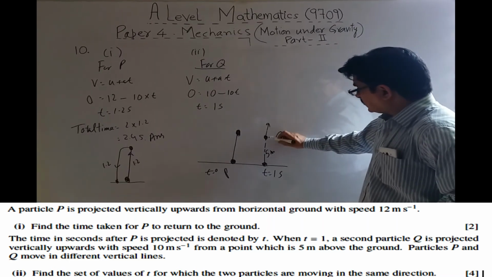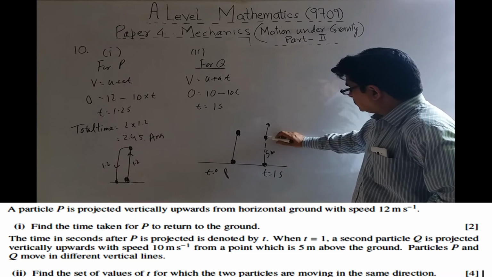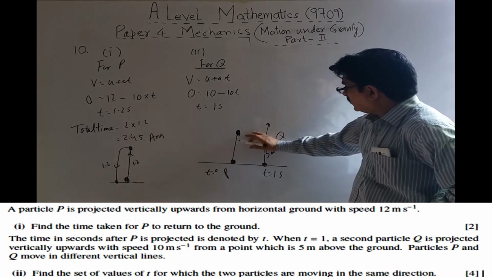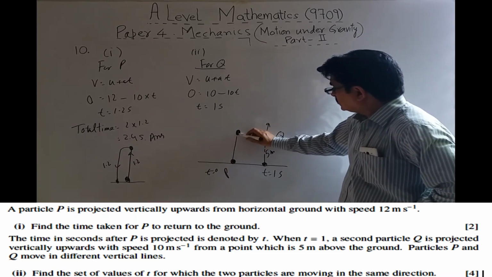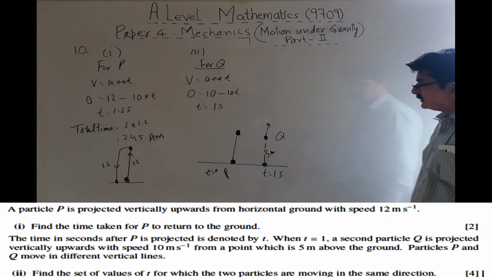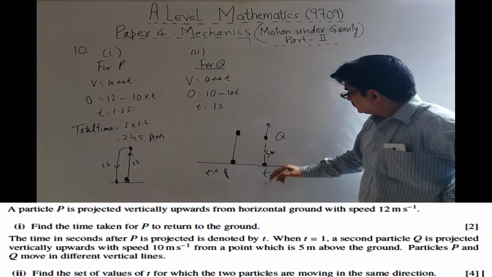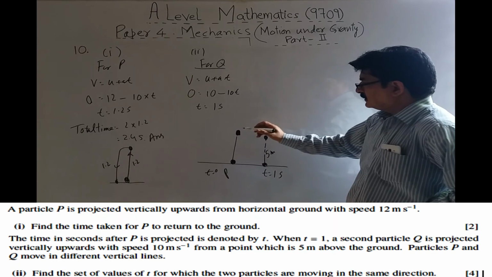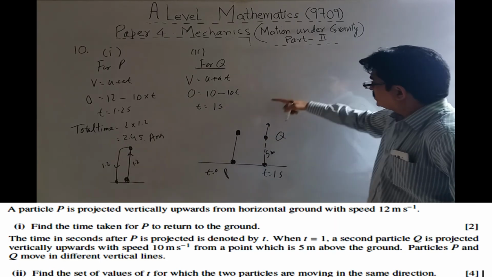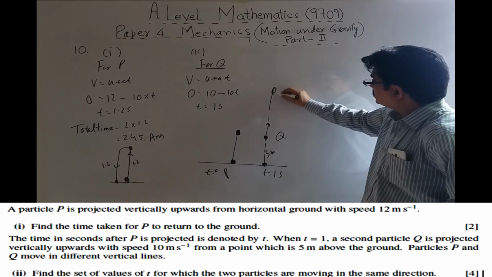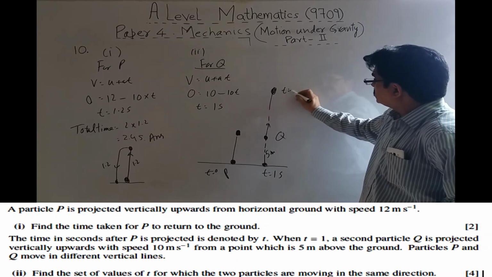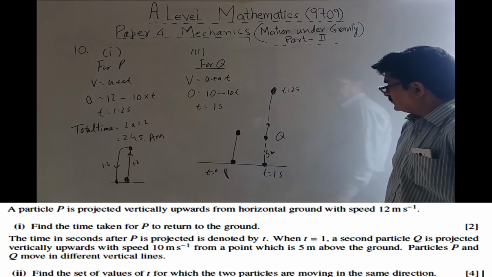So after 1 second both are moving up. Q takes 1 second to reach the highest point. Say this is the highest point for Q. Here the time will be up. The total time will be 2 seconds.